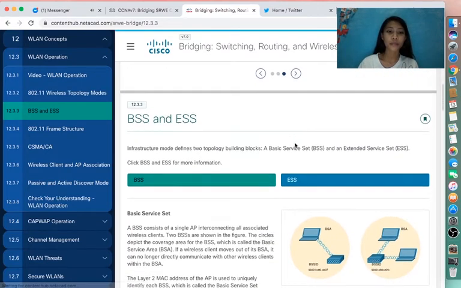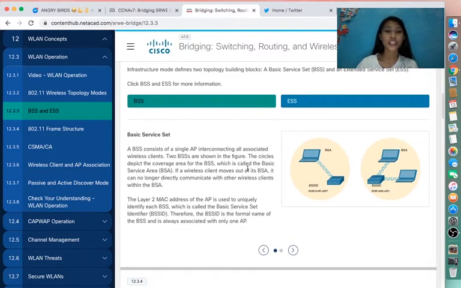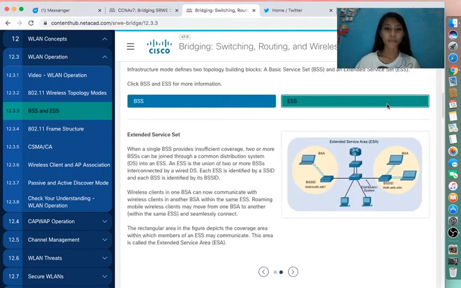In our BSS and ESS, the basic service set consists of a single AP interconnecting all associated wireless clients. In our ESS, when a single BSS provides insufficient coverage, two or more BSSs can be joined through a common distribution system into an ESS.